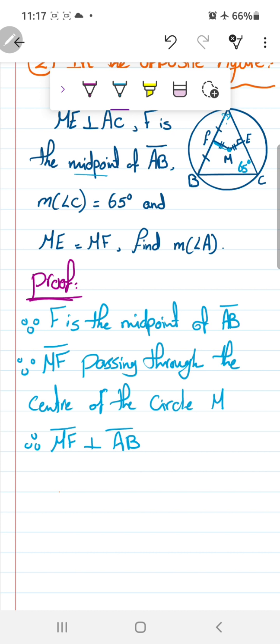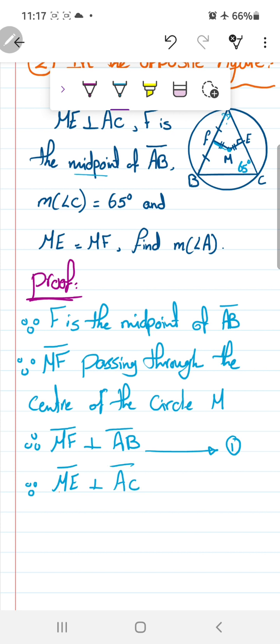Let it be number 1. Here we have, it's a given, ME perpendicular to AC. So ME perpendicular to AC.